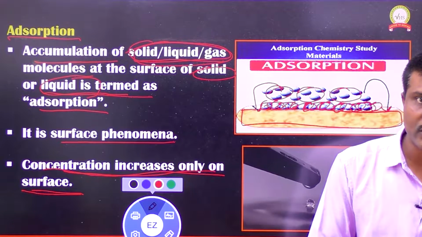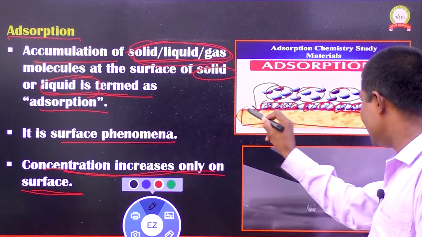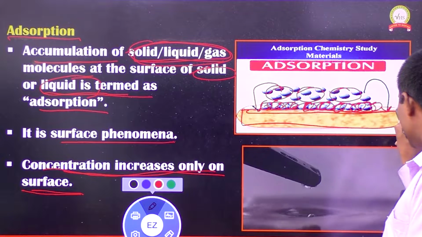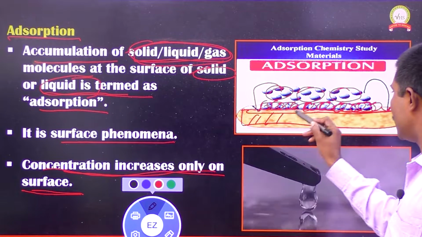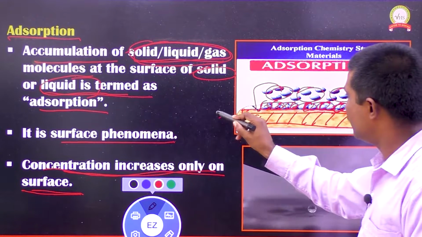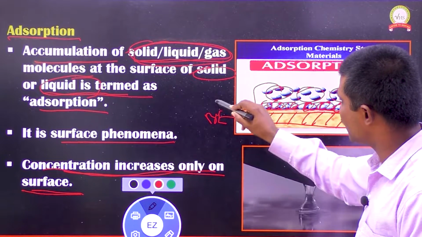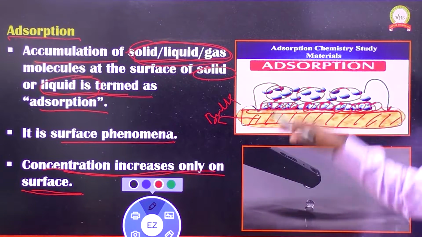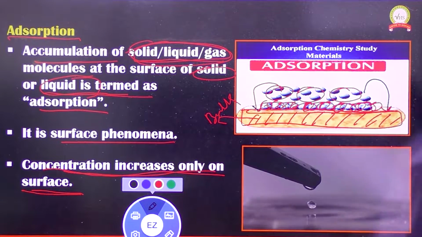It does not enter into the bulk. In this part only we are taking the surface. The remaining part we call the bulk. But these molecules are not entering into the bulk, they are occupying only on the surface. Clear?